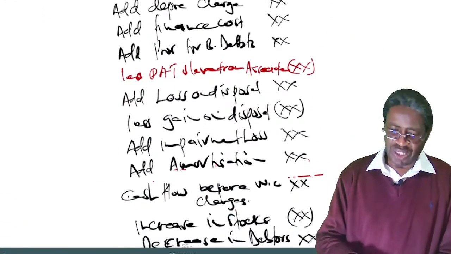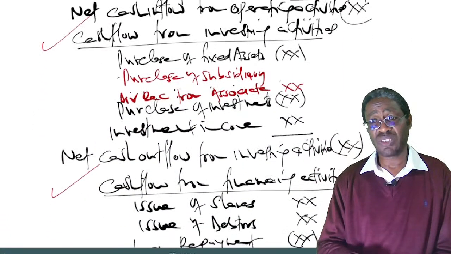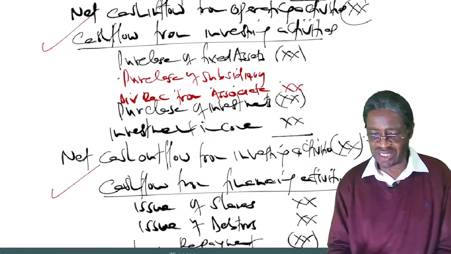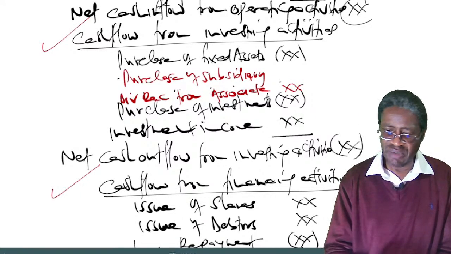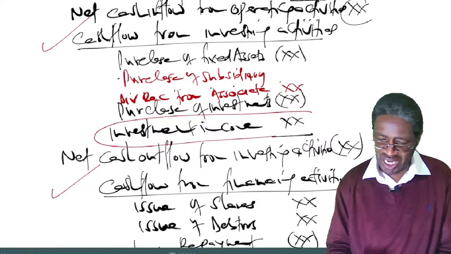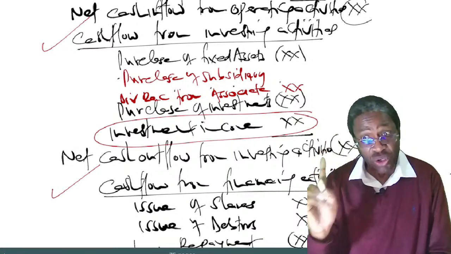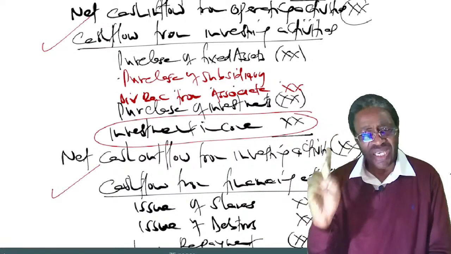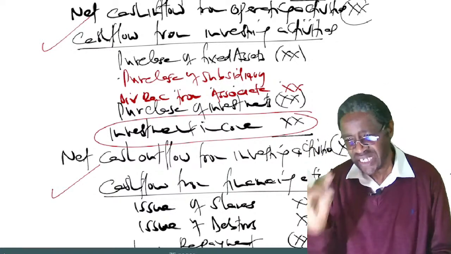When you look at the format of the cash flow, among the investing activities, the last item here is what we are calling investment income. Investment income is not an operating activity item.